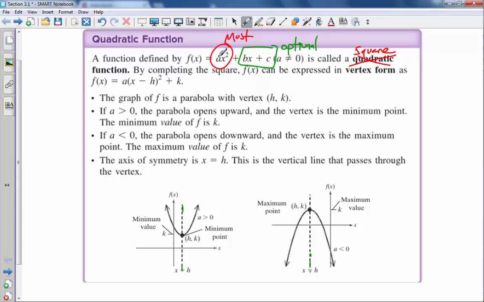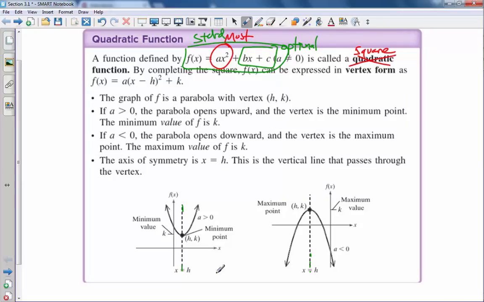Sometimes A is 1, B is a negative or positive number, C is a negative or positive number. So these pluses may switch to minuses depending on the sign of B and C. This is called the standard form in general.